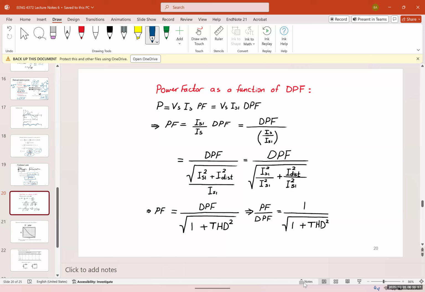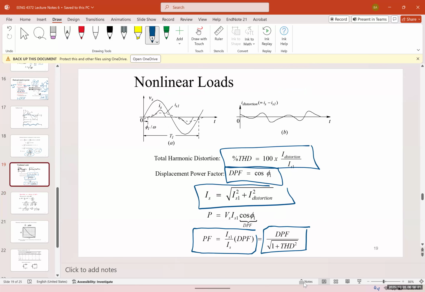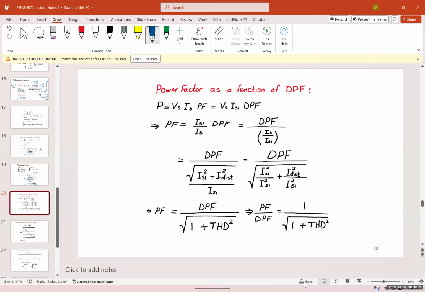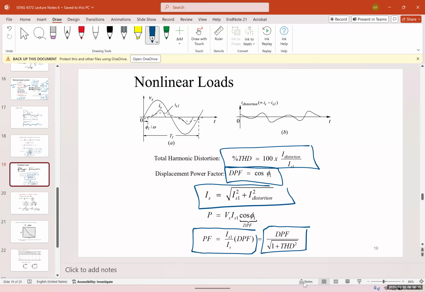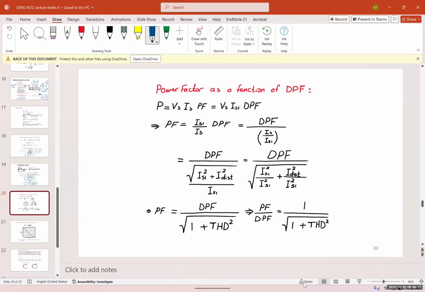So the power factor as a function of the displacement power factor: P is going to be VS IS times the power factor, and we replace that with IS1 and I distortion times the DPF, the displacement power factor.